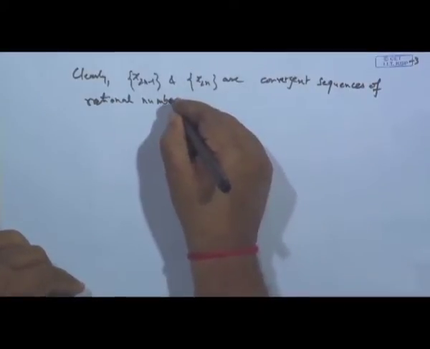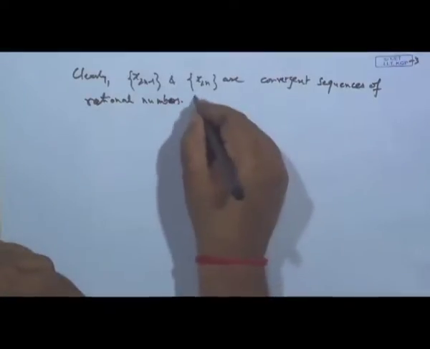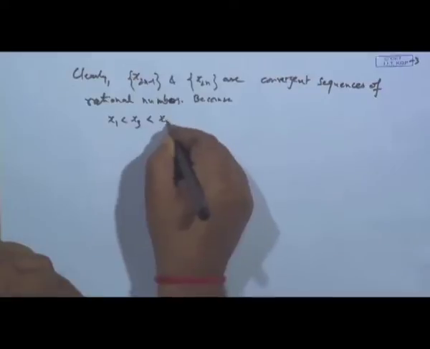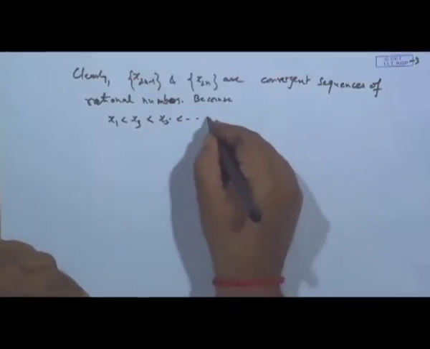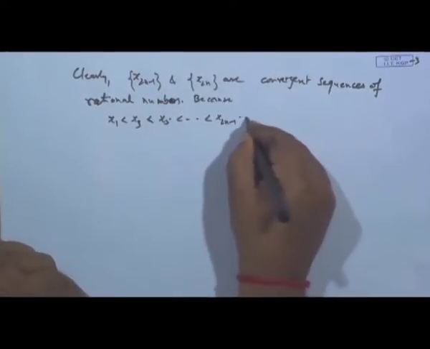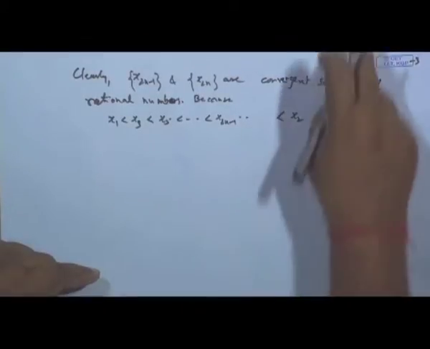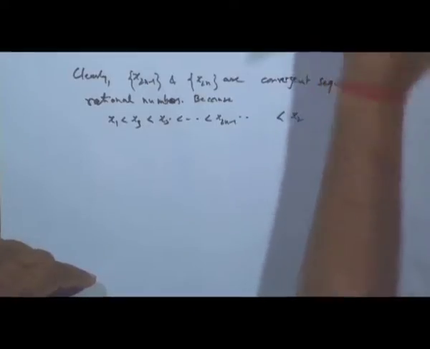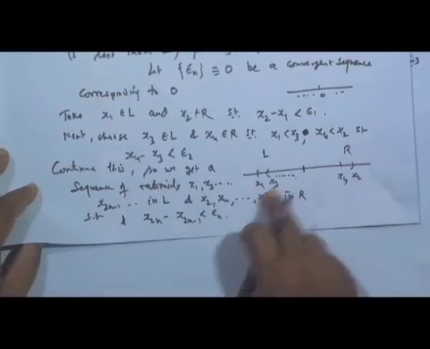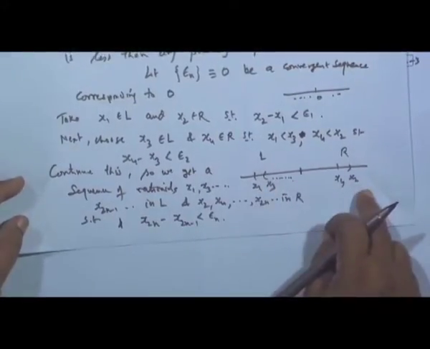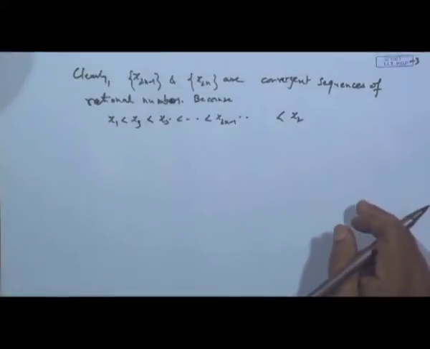Because x 1 is less than x 3, is less than x 5, and so on, x 2 n minus 1, and all are less than x 2. x 2 lies in R, so whatever sequence you are choosing in L, every element will be less than the element x 2.